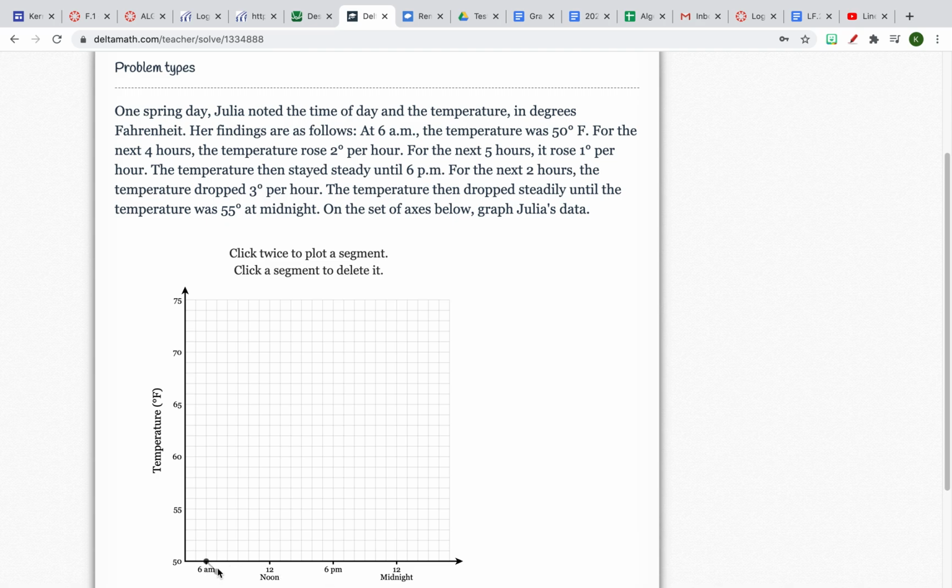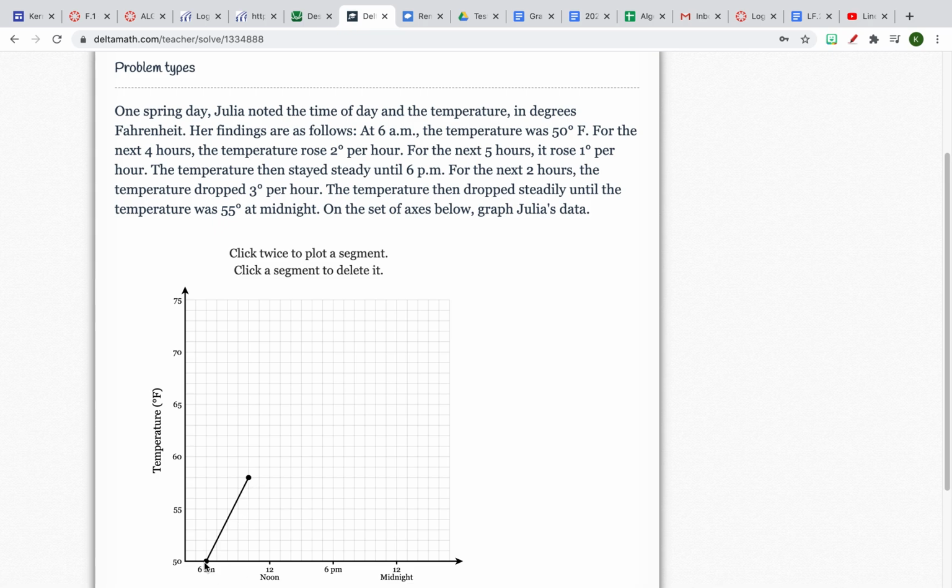It's at 50 degrees. For the next 4 hours, so from 6, 7, 8, 9, 10, the temperature rose at 2 degrees per hour. Well, if it's 2 degrees per hour and it's 4 hours, that means it would go up 8, right? So it would go 1, 2, 3, 4, 5, 6, 7, 8.